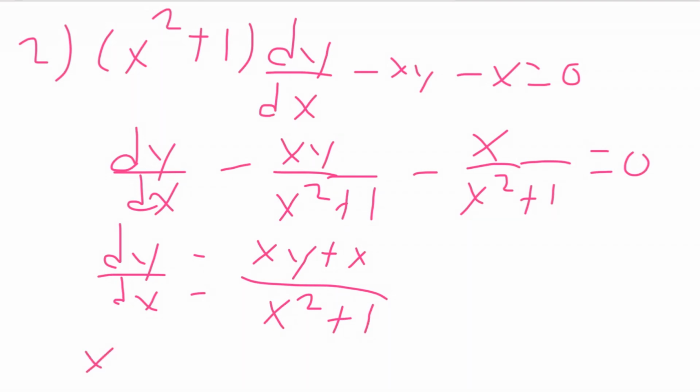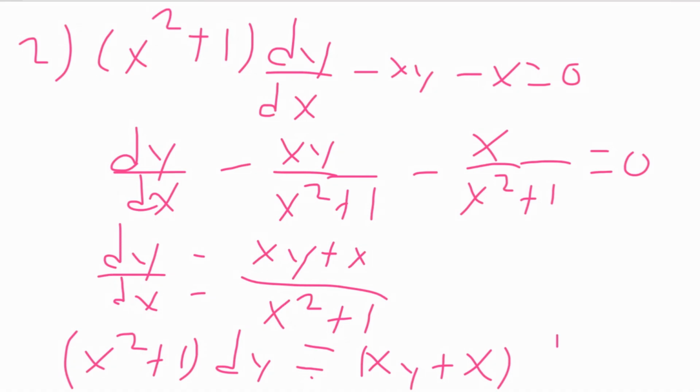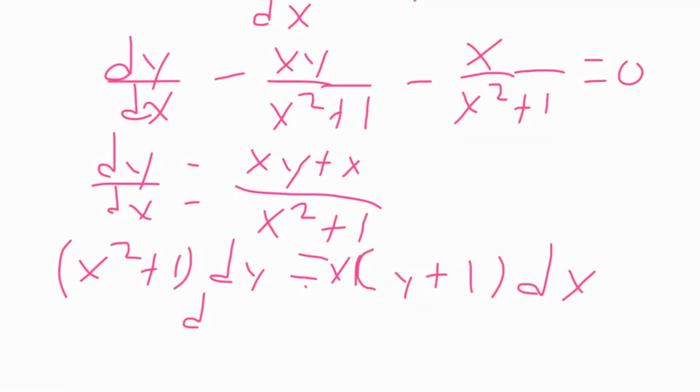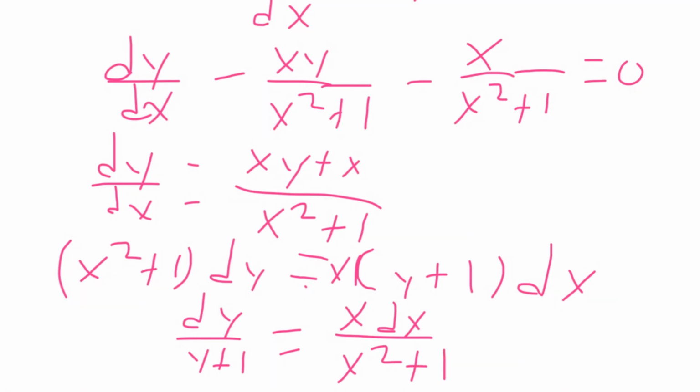If you were to cross multiply, x squared plus 1 times dy equal to (xy plus x) dx. However, you could factor out the x, and we're left with y plus 1 here, and the x right here. And finally, we can do dy over y plus 1 equal to x dx over x squared plus 1.